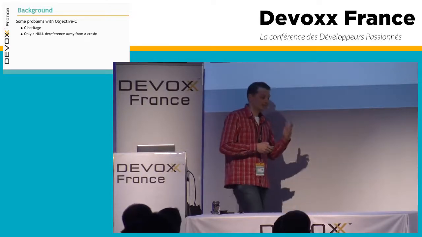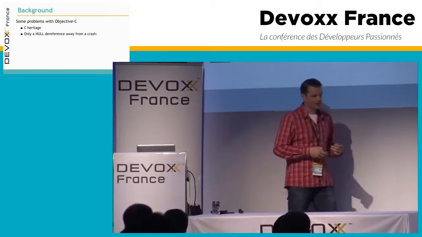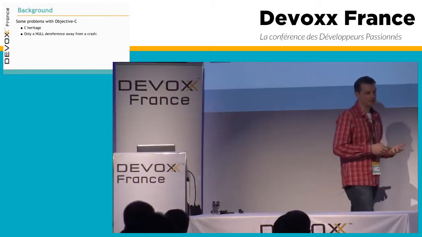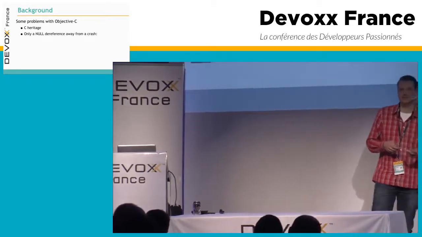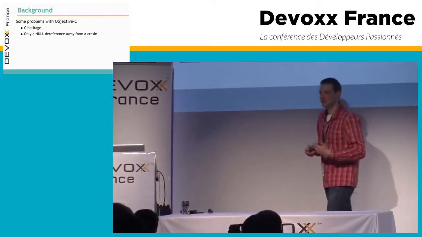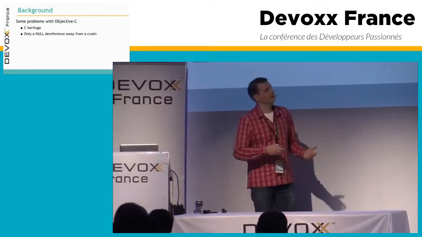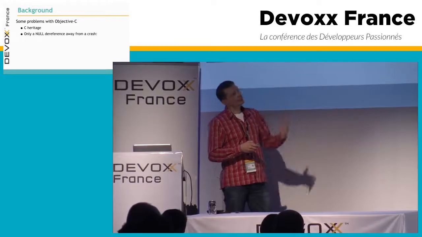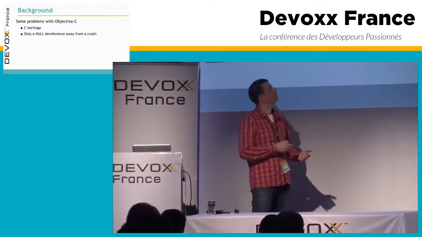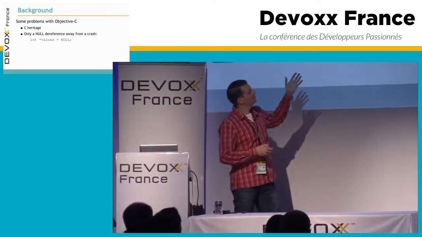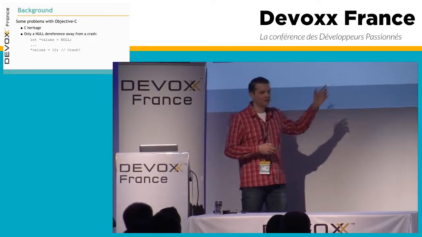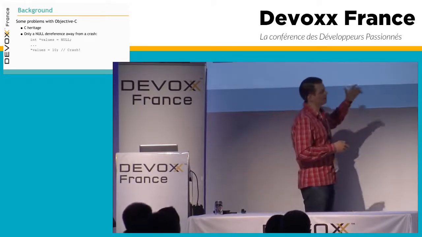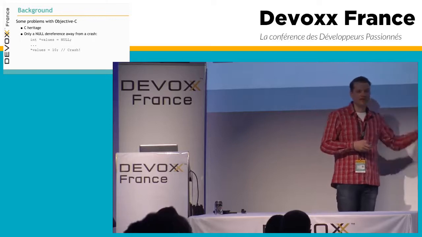And I should also say that in Objective-C, most apps don't need C, but in Objective-C, C is not optional. You always have it there, and you're always only a null dereference away from a crash. So if you have a pointer like this, and then you try to dereference that null pointer later on, this will result in a crash.